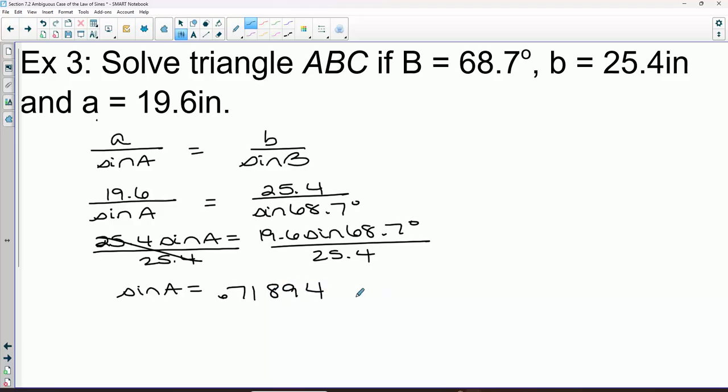I try to keep several decimal places at this step before I do the inverse, just to try to minimize my rounding error later on.